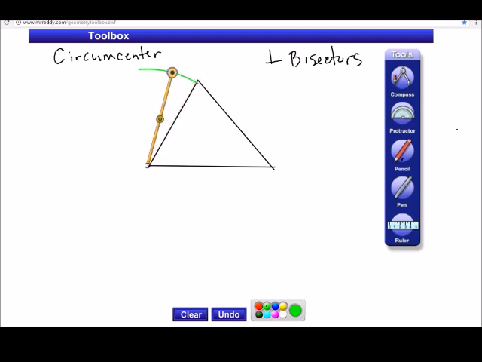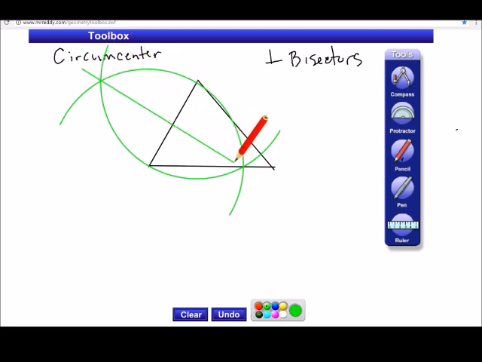And I construct the arcs of the circle that are going to contain that line that runs through the center of my segment. And then I come over here using the same compass setting, and there are my arcs. I'm going to take my straight edge and connect my intersection points, and that gives me the perpendicular bisector of that side.